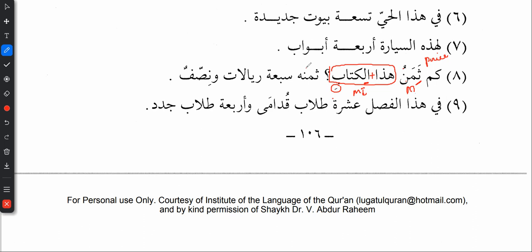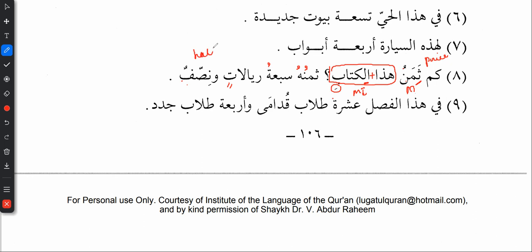Thamanuhu sab'atu. Now, what will be the eraab here? Thamanuhu, it's the noun. Thamanuhu sab'atu riyalatin wa nisfun. Nisf means half.